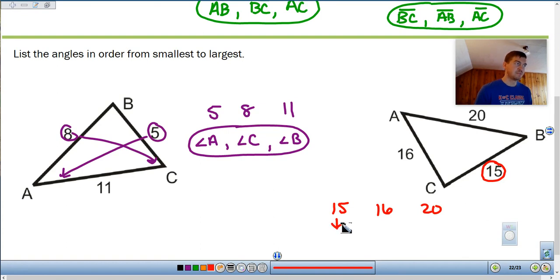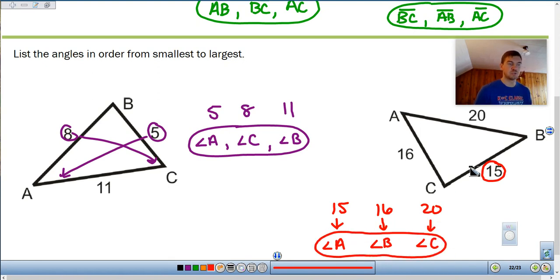So 15 is across from angle A, 16 is across from angle B, and 20 is across from angle C. So C must be the largest angle because 20 is the longest side.